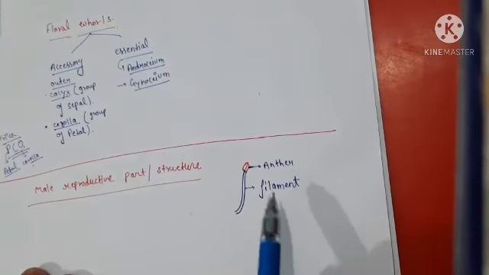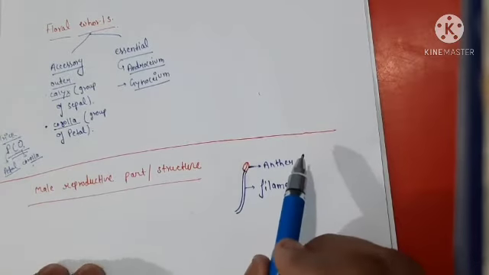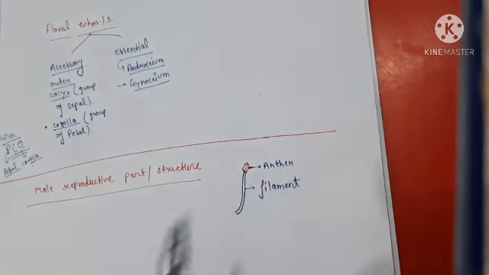So anther and filament collectively are called stamen, that is the male reproductive part.